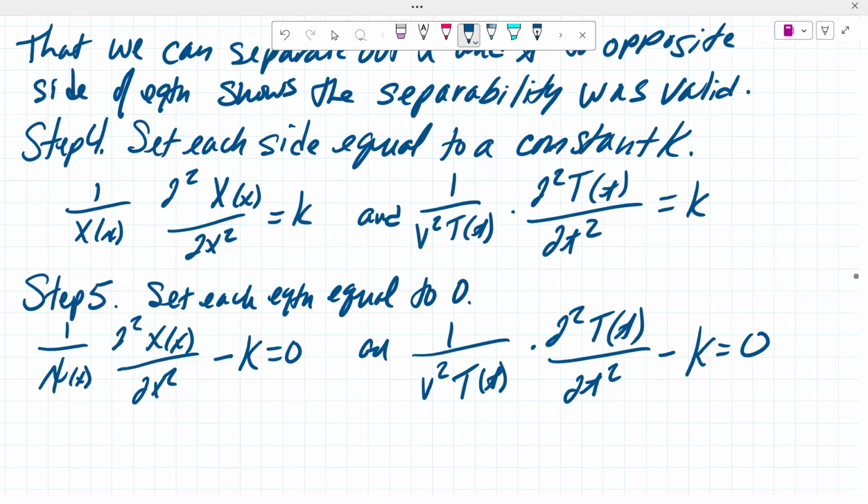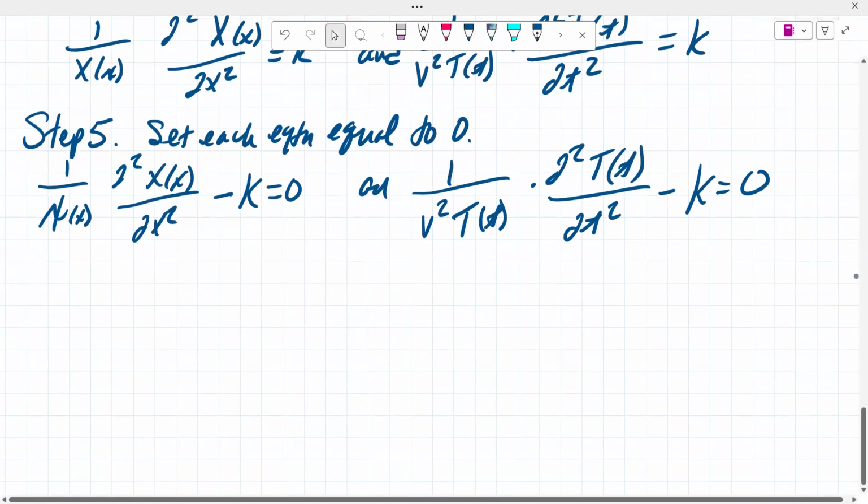Looking closer and closer to what we were working with last time.